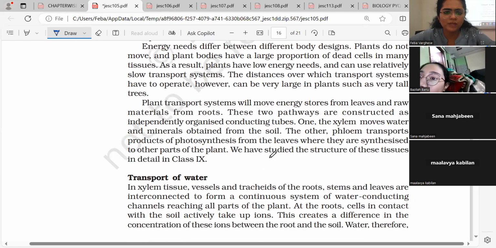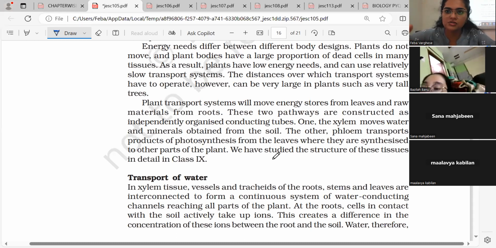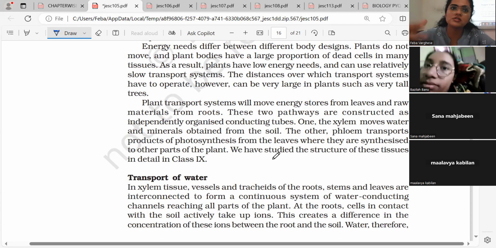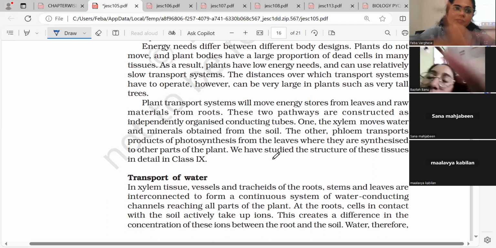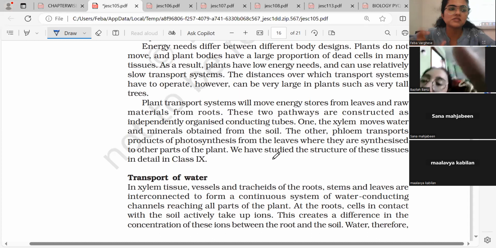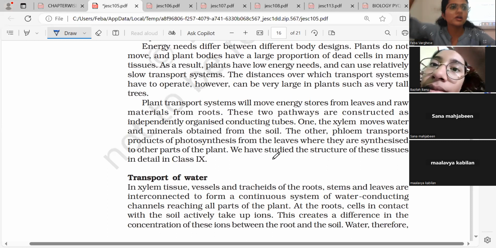About the transport of water, how does the water transport happen in the plants? By the process of osmosis, it enters into the root cells, and root pressure is going to cause the water molecules to move towards the base of the stem. And once they reach the base of the stem, there is a transpiration pull that is going to act upon the water molecules and push the water upward.